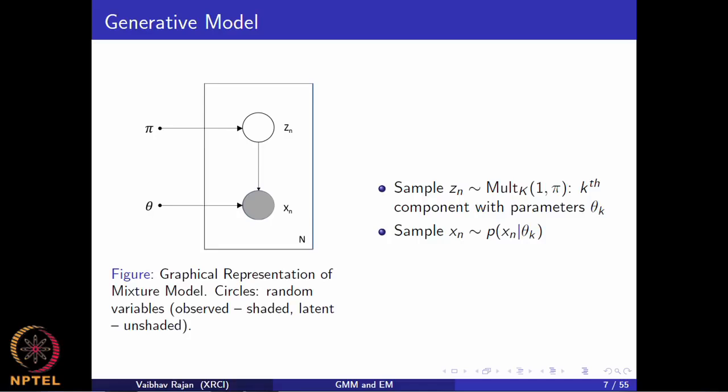So, if you have to generate data from such a model, you first sample Zn from the categorical distribution, which is a special form of multinomial distribution with parameter 1. Once you sample Zn, you get the kth component with parameters theta k, and then you sample xn from that probability distribution. In our case this is Gaussian, but it need not be Gaussian, it could be exponential, it could be any complicated probability distribution.